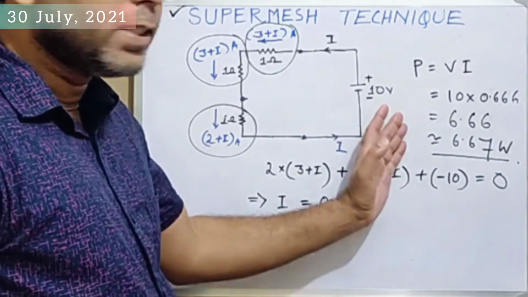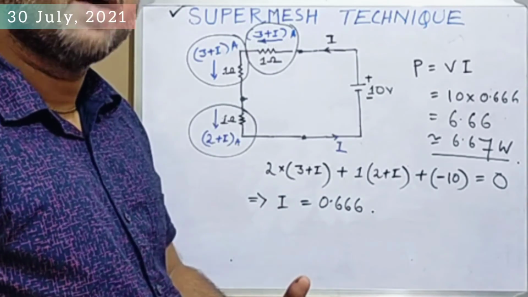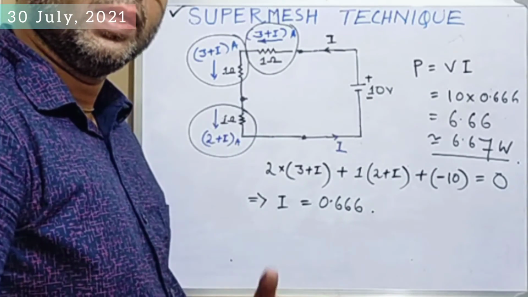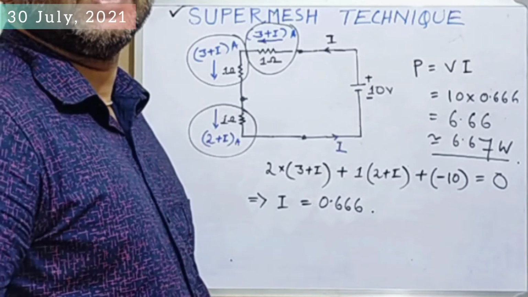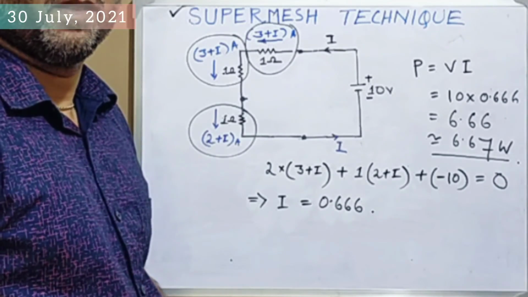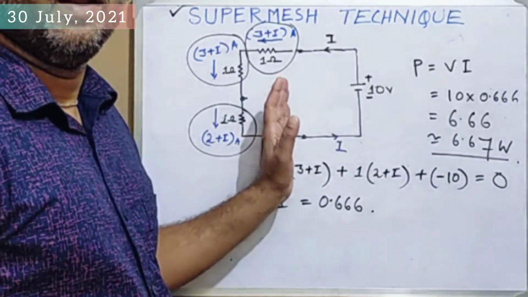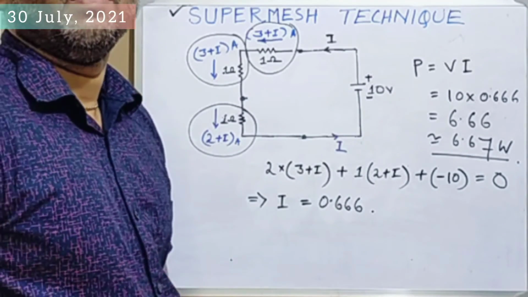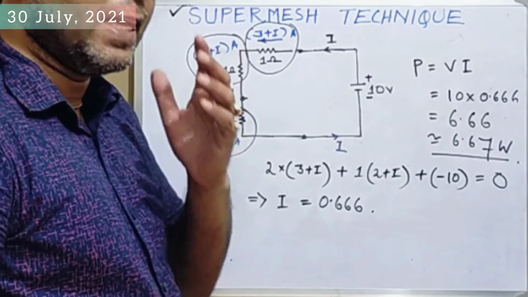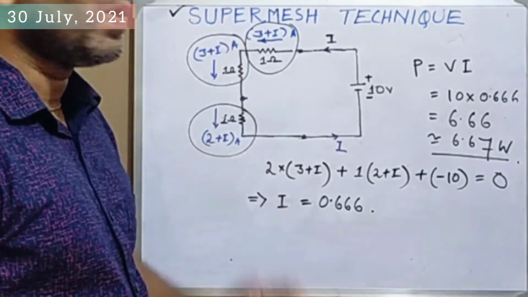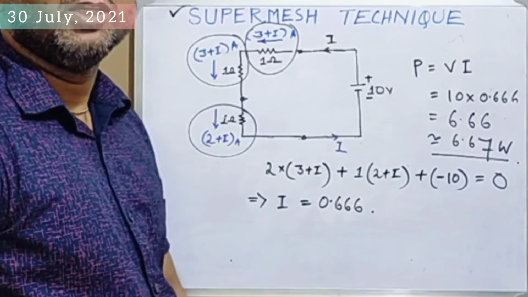Thus, the result is the same as what we derived by using the previous technique also. But this technique takes a very short time. That is the advantage of using the super mesh technique over superposition.